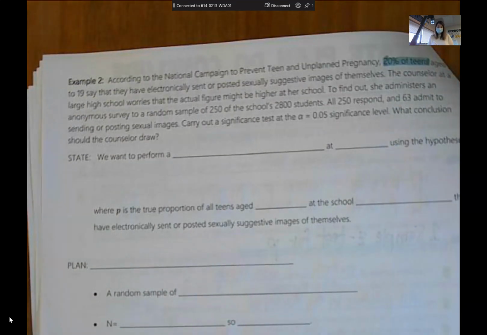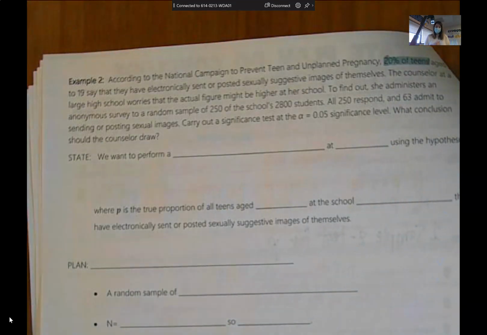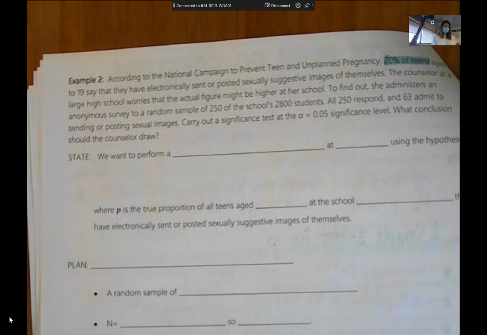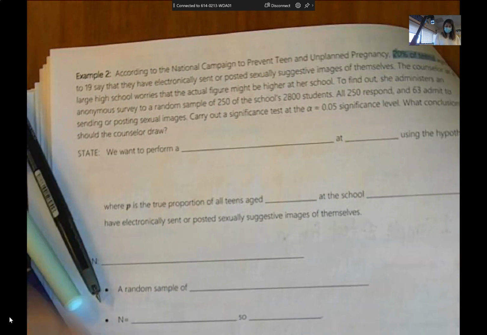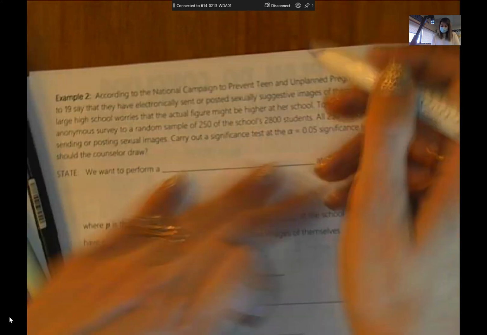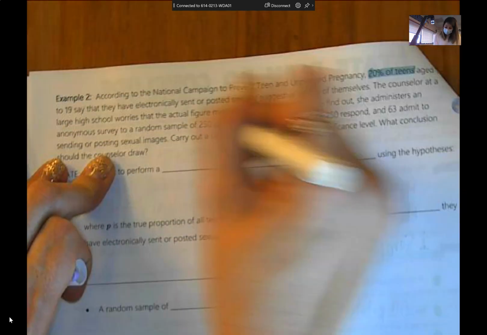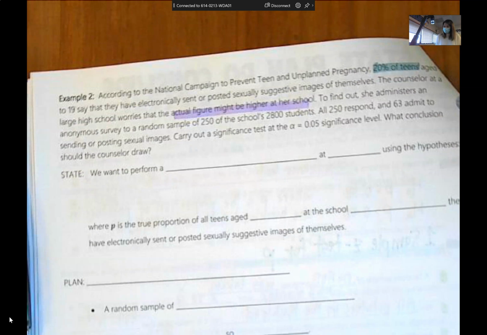The counselor at a large high school worries that the actual figure might be higher at her school. So she's worried that at her school it's actually more than 20%.